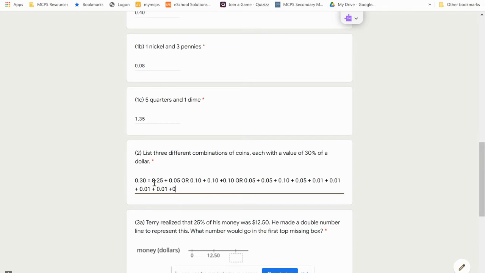All right, plus another one. Okay, and that all equals 30 cents. So that's one way. That's 30 cents. That's also equal to 30% of a dollar. Or you could have done 10 cents plus 10 cents plus 10 cents and gotten 30 cents. Or you could have done 25 cents plus 5 cents.